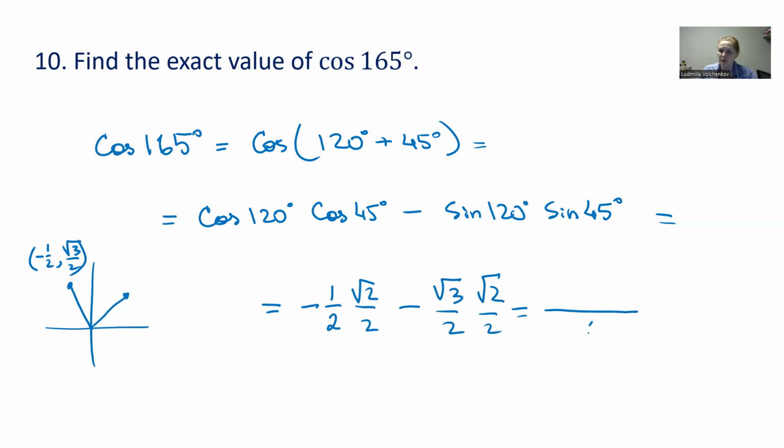Both denominators are 4. So we write this as one fraction, negative square root of 2 minus square root of 3 times 2 under one root. So minus square root of 6, or like this, minus square root of 2 plus square root of 6 over 4.